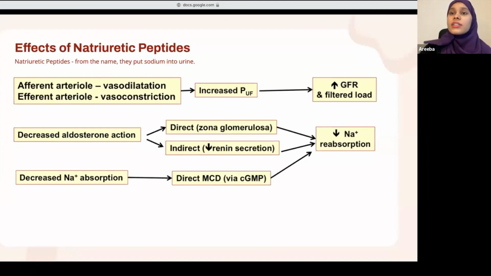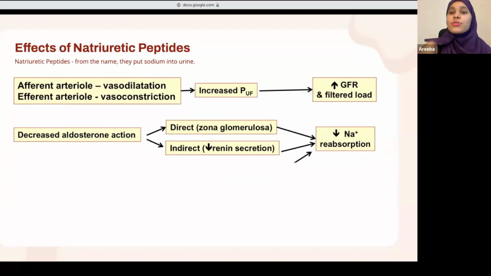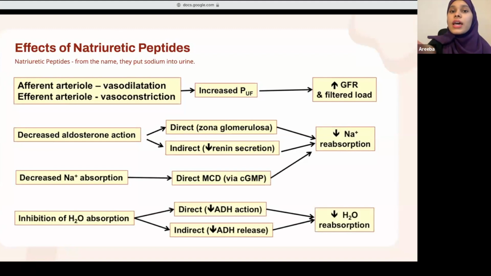Another thing is that these natriuretic peptides will decrease the sodium absorption. Okay, it does that by affecting the medullary collecting ducts. You don't really need to know the mechanism of it, but it also contributes to low sodium reabsorption. So basically what happens is you decrease the aldosterone, and then you decrease this as well. You affect the medullary collecting duct, and you have all these things contributing to low sodium reabsorption.